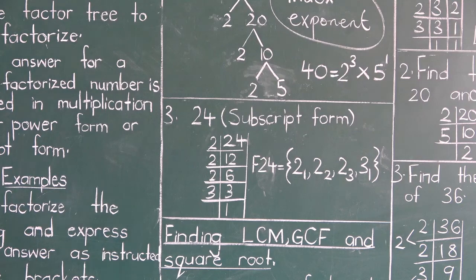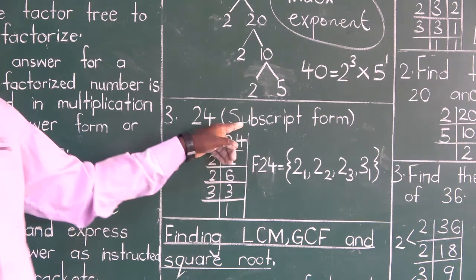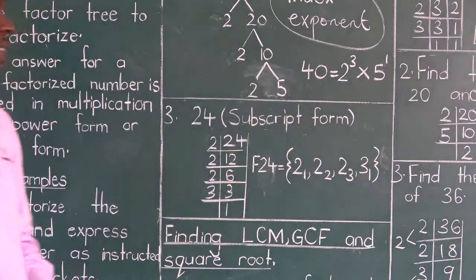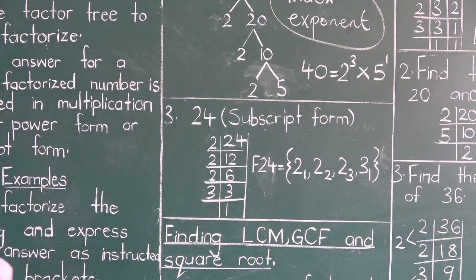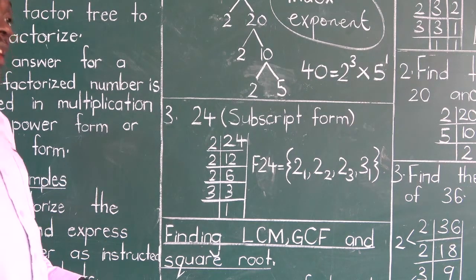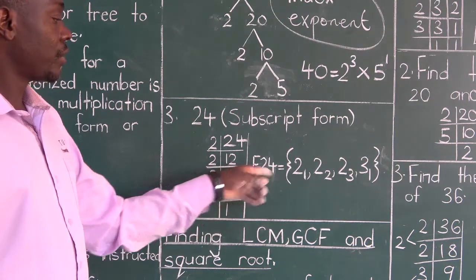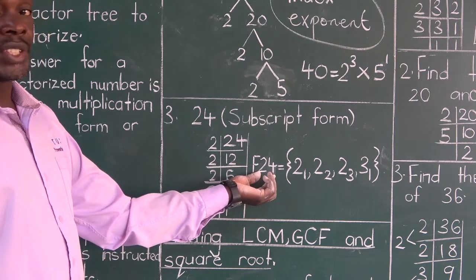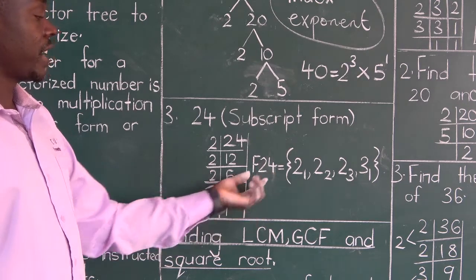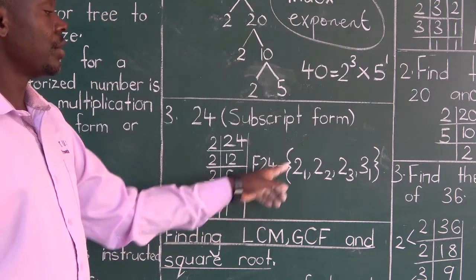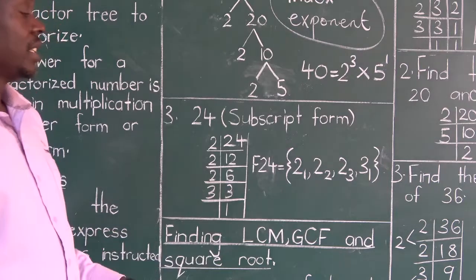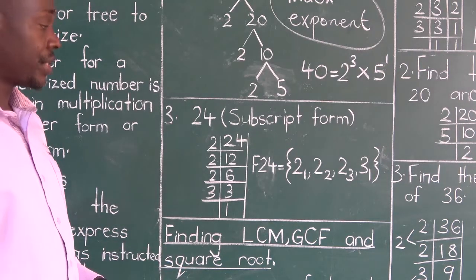Now the answer is yet to be expressed in subscript form. In subscript form, we use the set language. We say factors of 24 as a name to a set. So F24 means factors of 24. Then write equals, open the curly brackets, and use the subscripts.